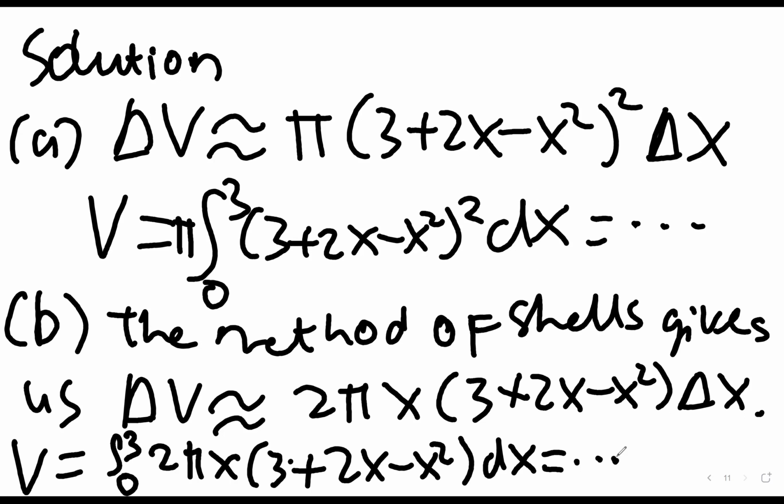Especially if you cannot write x as a function of y and you have to revolve around the y-axis, then it's really useful. So that's the difference between these two.